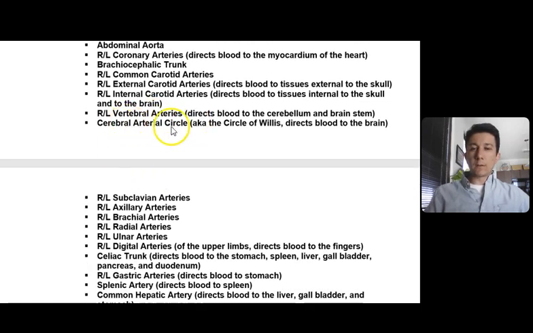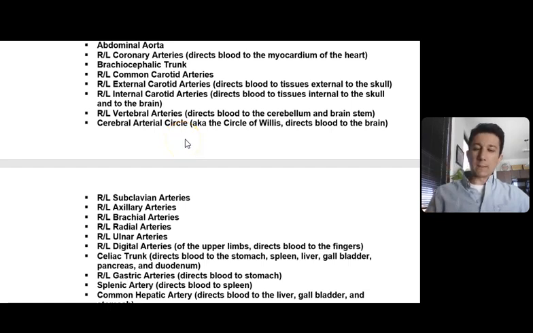We also have a circular shaped artery called the cerebral arterial circle that's found at the base of the brain. It's also referred to as the circle of Willis. This is a circular structure because it helps to redirect blood flow in the event that a clot blocks or occludes part of that artery.